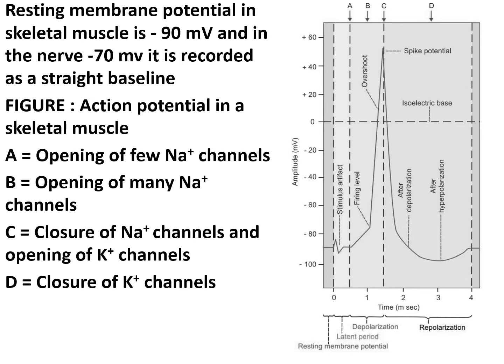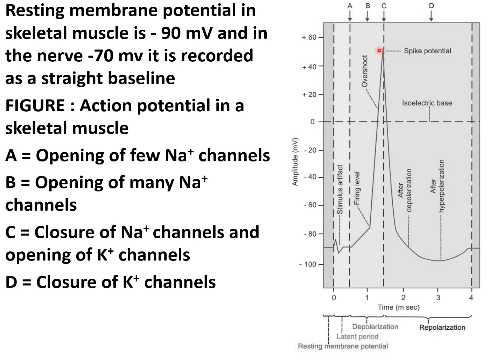Then the action potential in skeletal muscle. Here, this one A, is the point where a few sodium channels open. Not all the sodium channels are open, but when we give the stimulus, only a few sodium channels are open. Then at point B, this is the firing level, and here many sodium channels open, and here there is the starting of the closing of the sodium channels and opening of potassium channels.